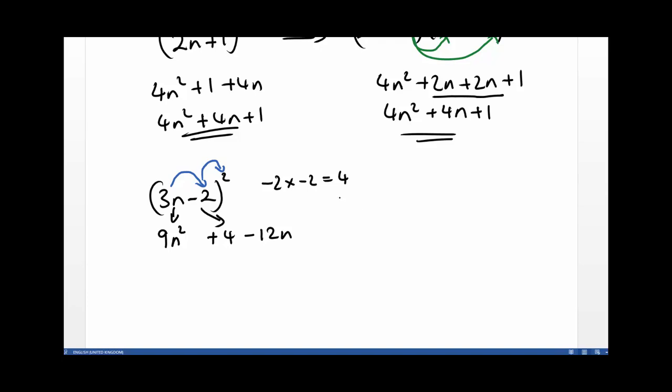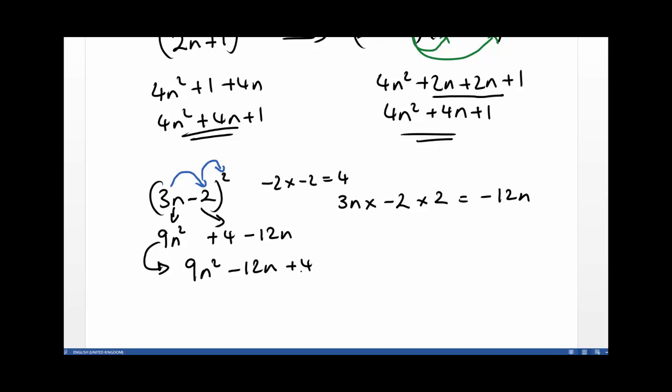We did 3n times minus 2, which is from the bracket as well, and times by 2, which is a square term here. And that gave me minus 12n. That's where that comes from. Okay, so let's try and tidy this up now. 9n squared minus 12n plus 4.